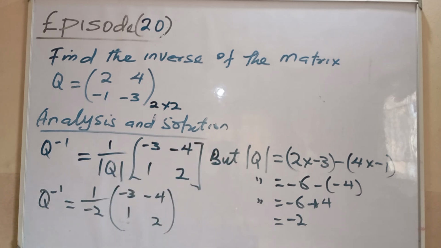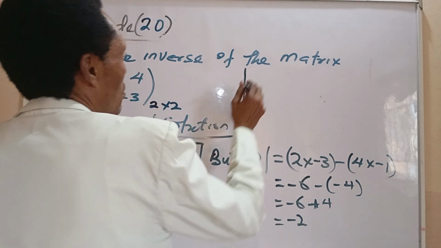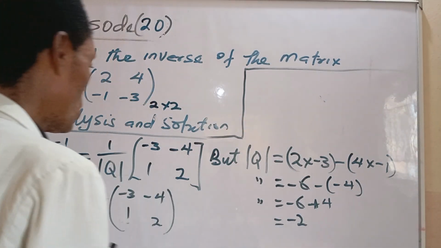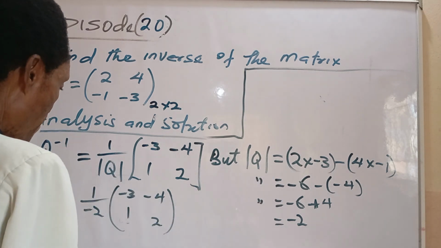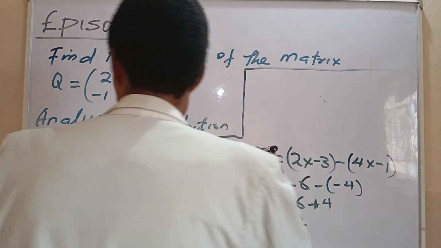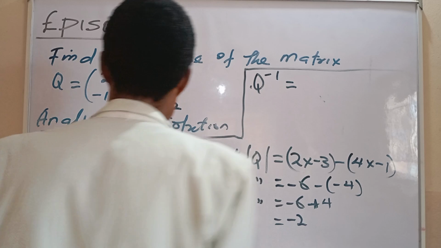Okay, let me come up here to finish it up. Let me clean this place for us to get our final destination. Then I can now say Q inverse equals to this one.